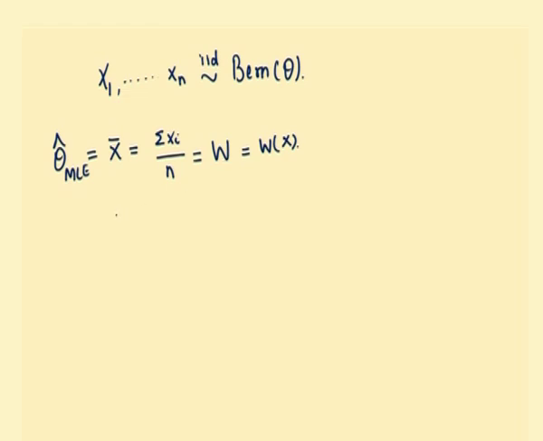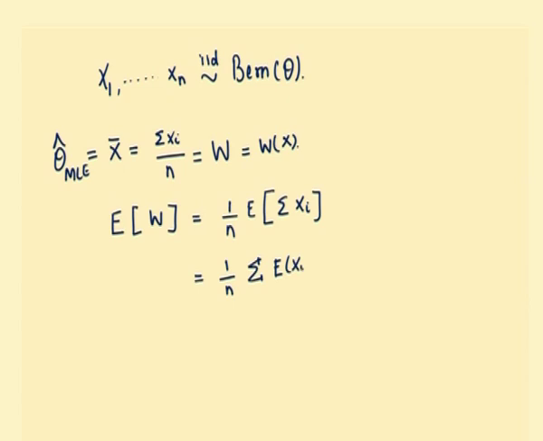If I calculate the expected value of W, what will it be? It is 1 by n times the expectation of the summation of Xi, and the independence will permit me to say it is the summation of the expected values of Xi, and identical also.